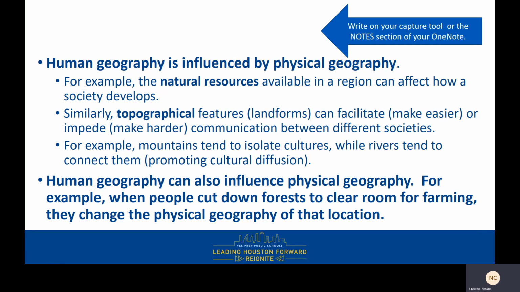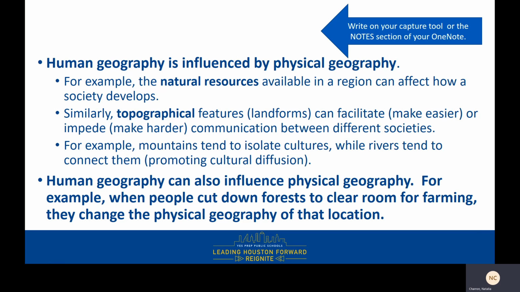For example, mountains and deserts and giant oceans historically isolated cultures from each other because they're really hard to cross. On the other hand, features like rivers tend to connect cultures together because they make things easy to cross and easier to carry. This promotes cultural diffusion.